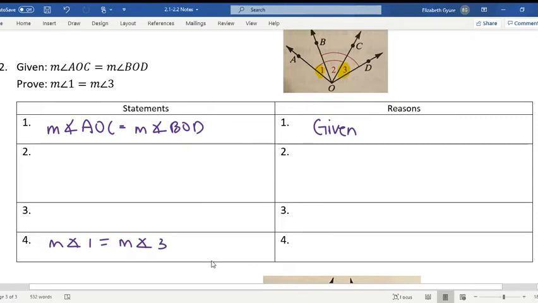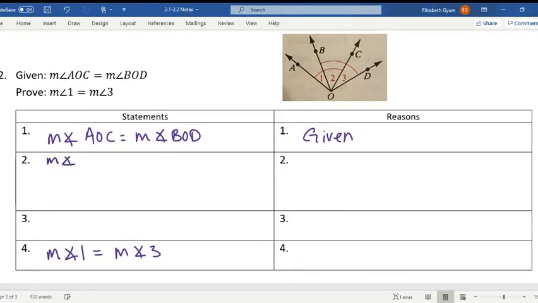Well, if I have larger angles that are made up of smaller parts, I can break those down. And that could be how I start to mention angle 1 and angle 3. So if you look at angle AOC, we're going to take that and break it into its smaller parts. All right, the measure of angle AOC equals the measure of angle 1 plus the measure of angle 2, because those are our smaller parts.